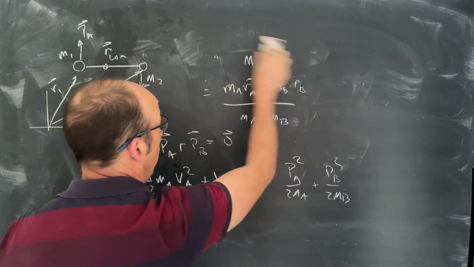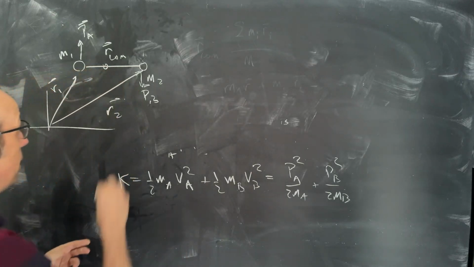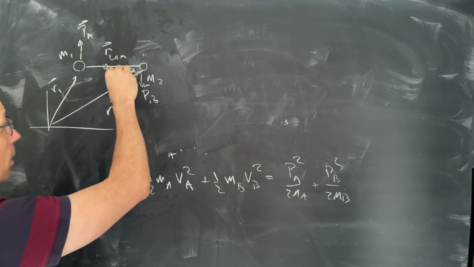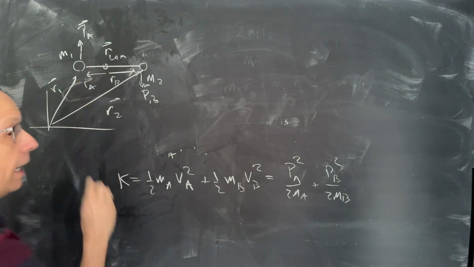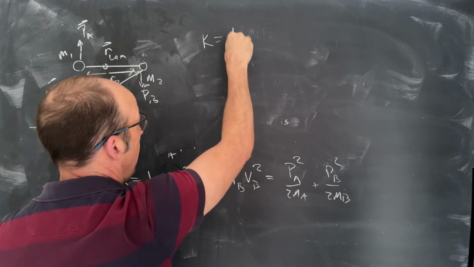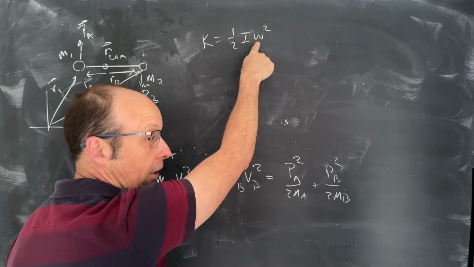Finally, what I want to do is to take this vector right here, I'll call that RB, RA, and I can calculate the kinetic energy of a rigid object as 1/2 I omega squared. So omega is the angular velocity.